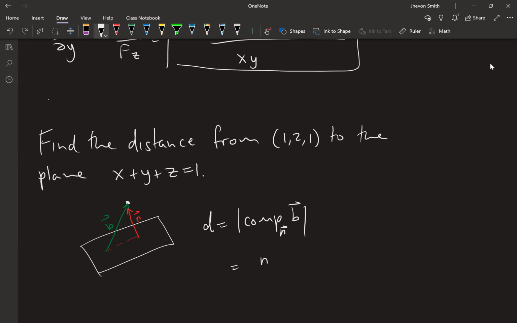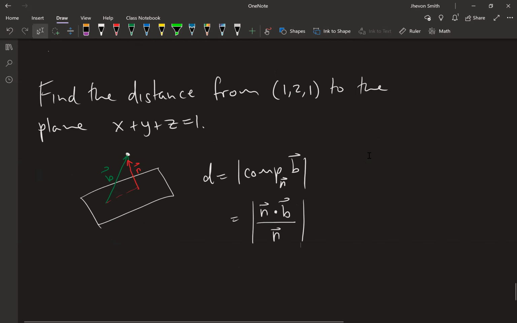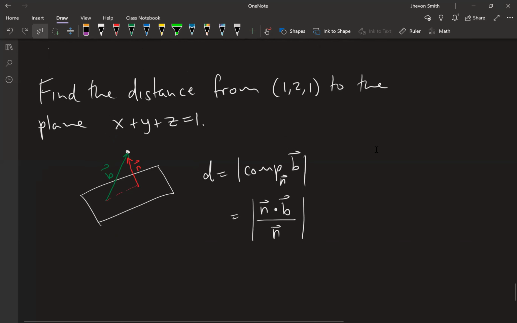So that's going to be the absolute value of N dot B divided by the magnitude of N. So that's actually a dot product. Now the question is, how would we find the B? How would you find the B here?